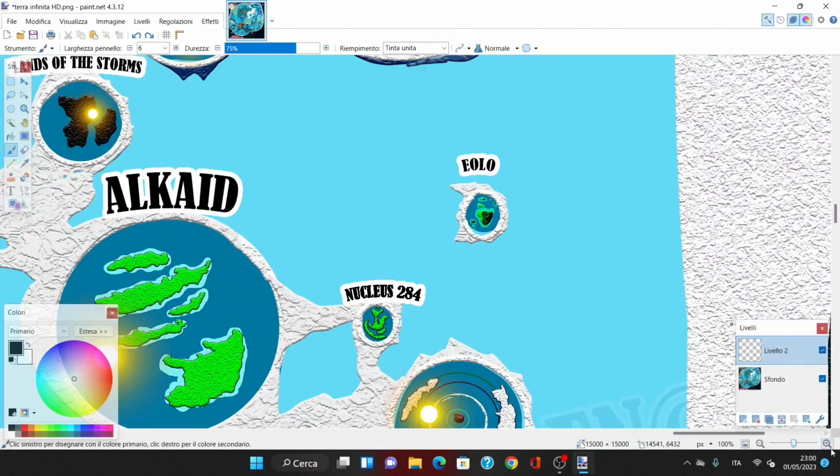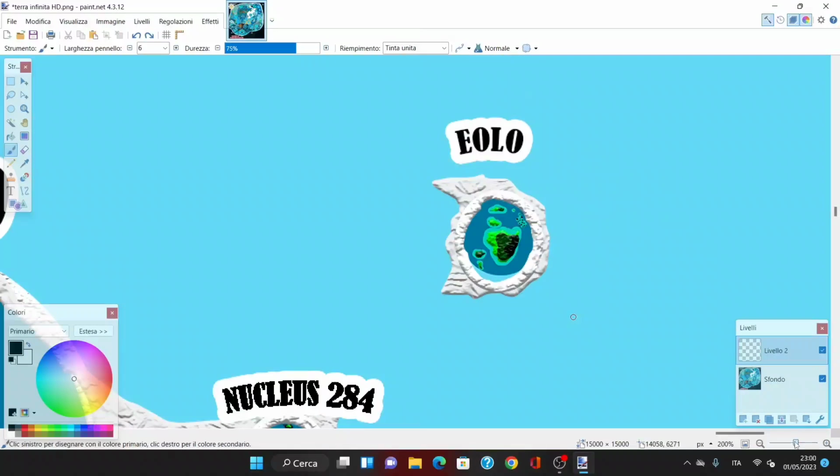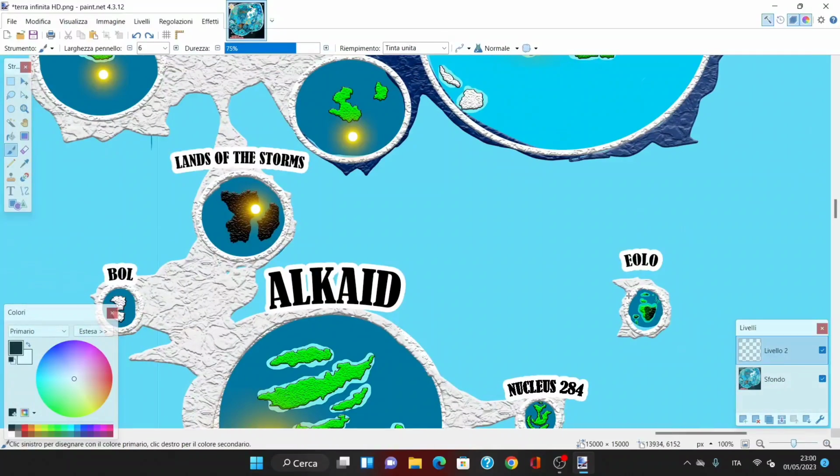As you can see, the shape of its ice wall was molded through the actual winds that come outside of Eolo and go westwards, eventually touching the lands of Storm and the Alkaids.